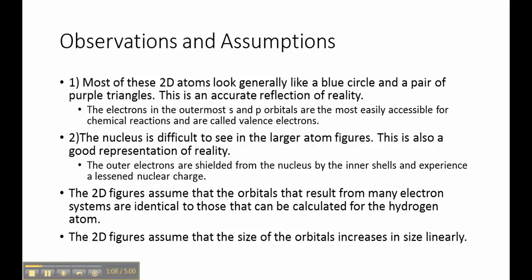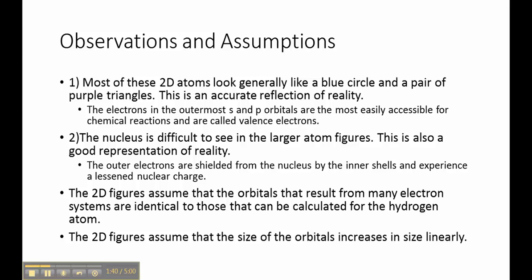I want to conclude this video with some observations and assumptions about the whole presentation. Most of these 2D atoms look generally like a blue circle and a pair of purple triangles. And that pretty much matches what we see in reality. All atoms look pretty much the same, and they have valence electrons that are located in their highest principal shell in the s and p orbitals of that highest principal shell.